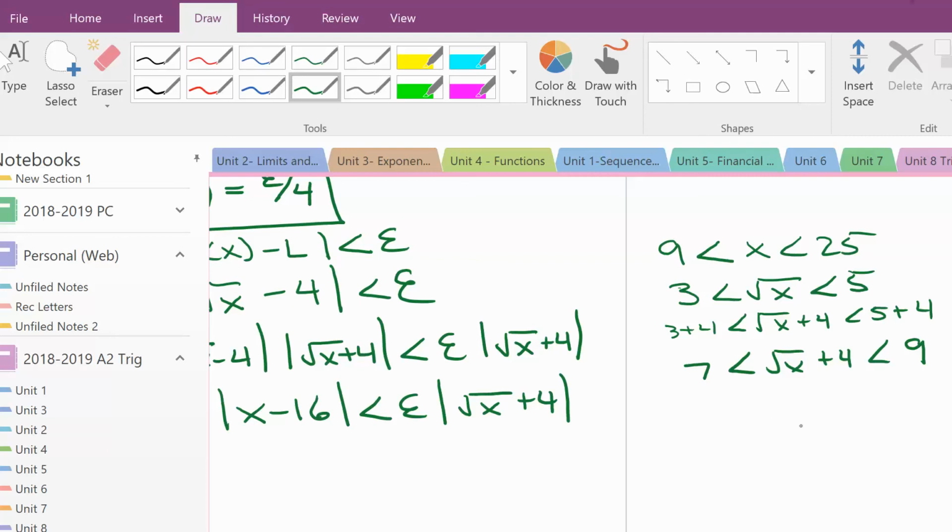And since we're talking about being less than, we're trying to minimize, so we're going to choose 7, because we want to minimize the distance.